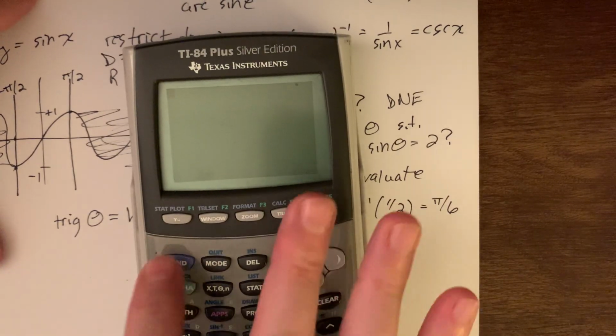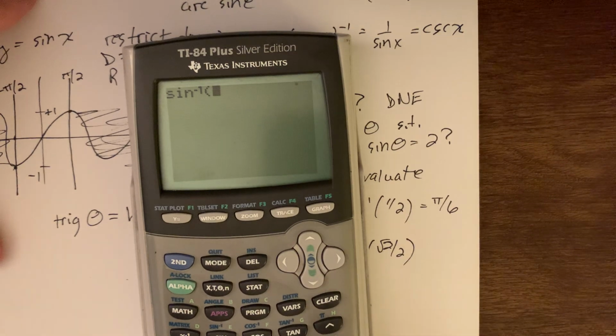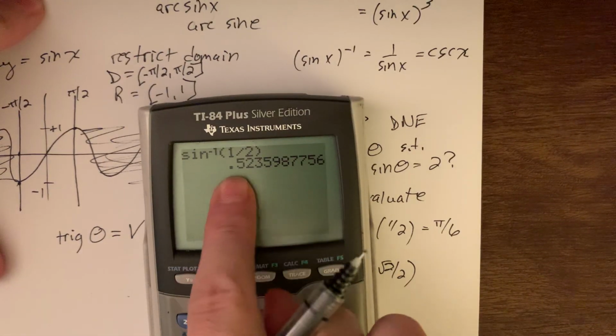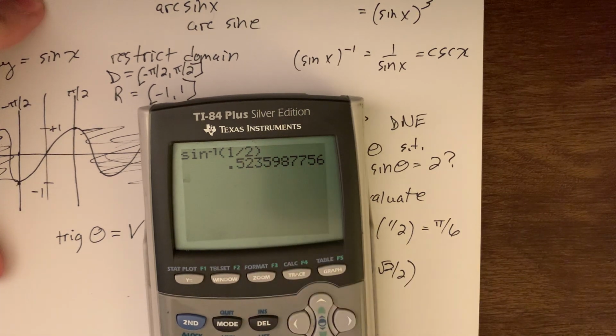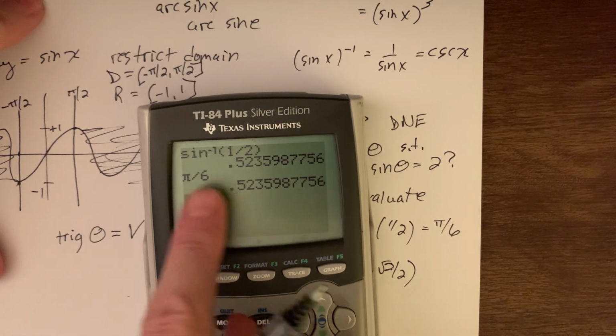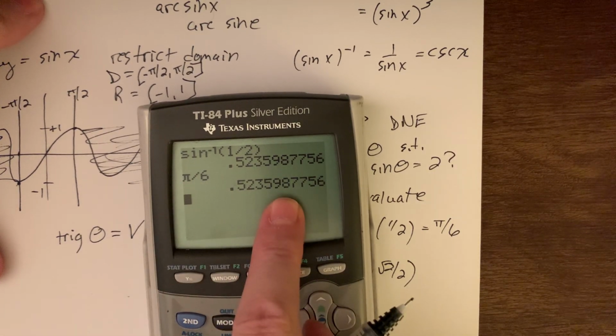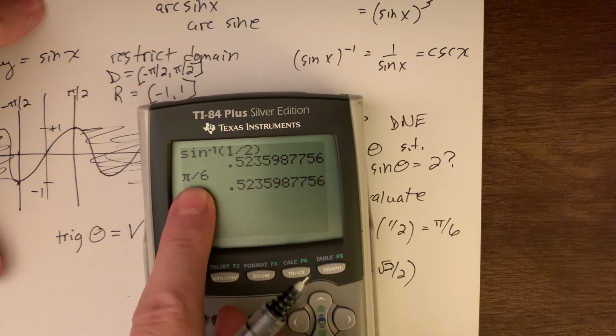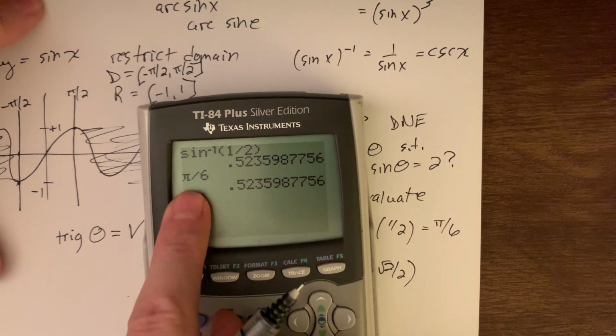So inverse sine, second sine button, 1/2, 0.523, blah, blah, blah. Now notice, I know the answer is pi over 6. So by putting pi over 6, I can confirm that this is the same thing as this. But again, that was because I already knew this answer.